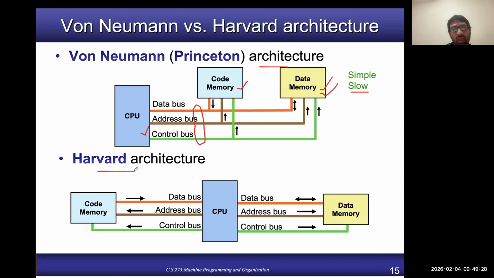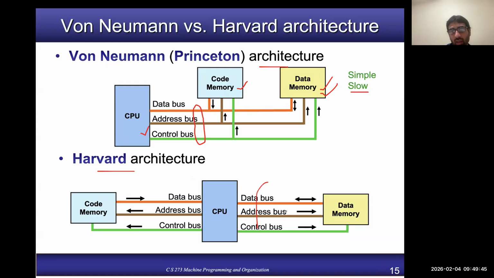Compared to Princeton architecture, we have Harvard architecture, where you have a CPU and a separate code memory and data memory. The difference is that you have a separate set of data bus, address bus, and control bus to communicate with the data memory and the code memory.